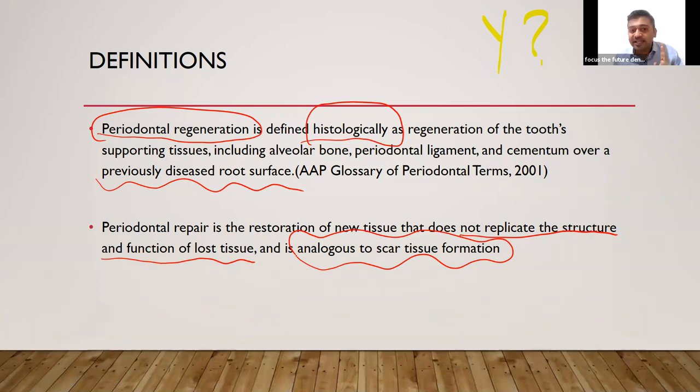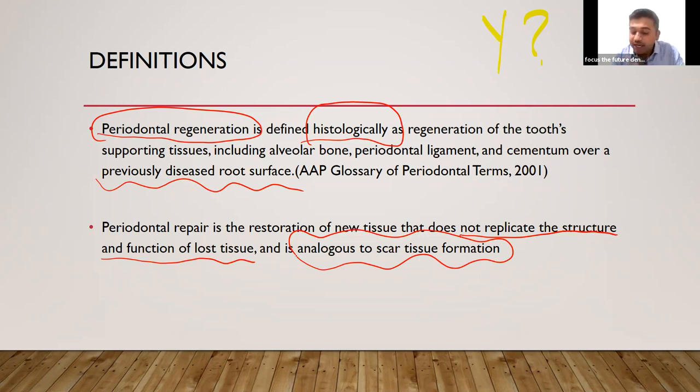Okay, so that is the basic difference between periodontal regeneration and periodontal repair. Regeneration means every single structure is forming again, whereas in repair, something is coming and filling up that wound, but it is not the same structure and it does not do the same function.